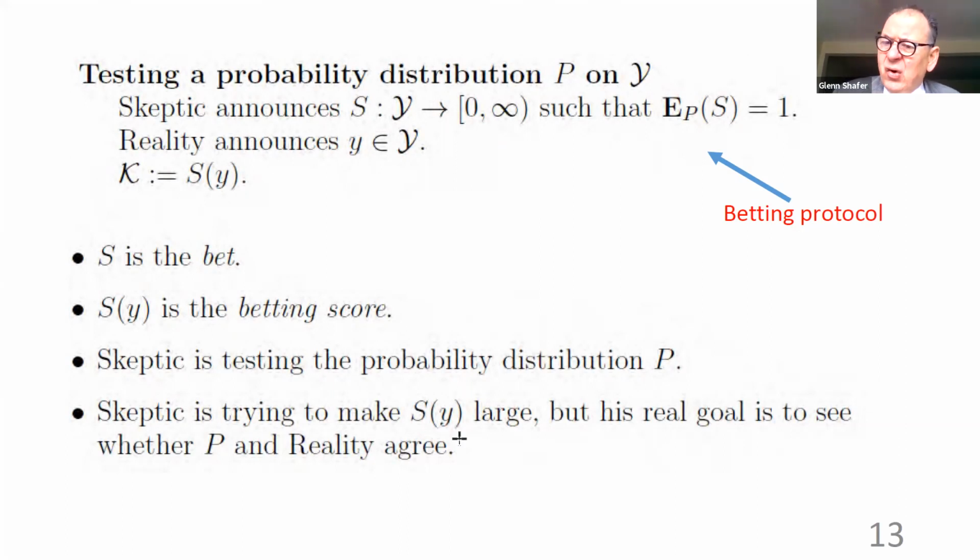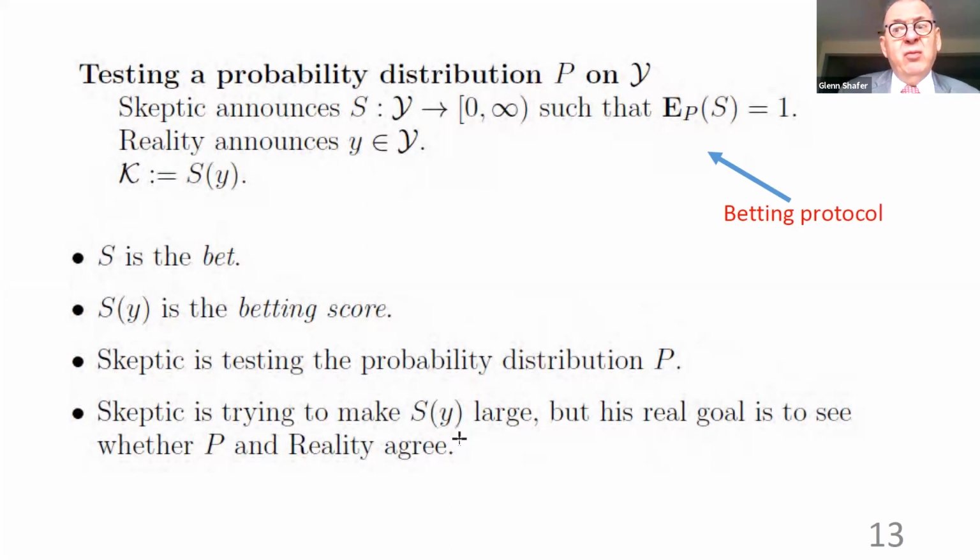But there's an underlying goal, of course. Maybe Skeptic's real goal is to find out whether the probability distribution and reality agree. Maybe this probability distribution was made up by Skeptic himself. Maybe Skeptic is also the forecaster. This is my model.